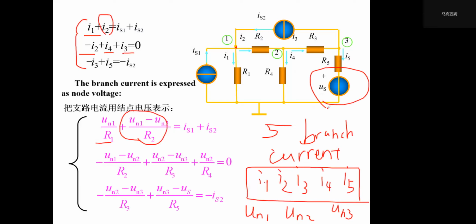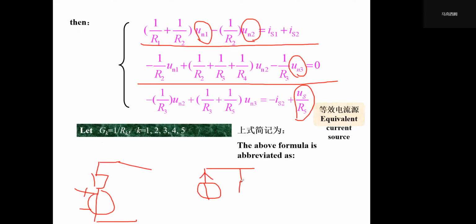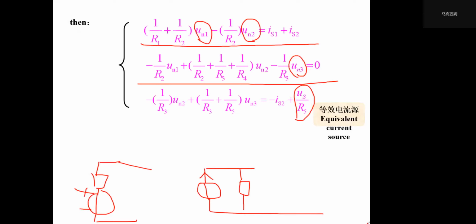By rearranging the coefficients in this equation, we can see that the voltage source US is transformed into US over R5, just like the trick we have learned to transfer a series-connected resistor and voltage source into a current source in parallel with a similar resistor. We have learned about this trick, all right?